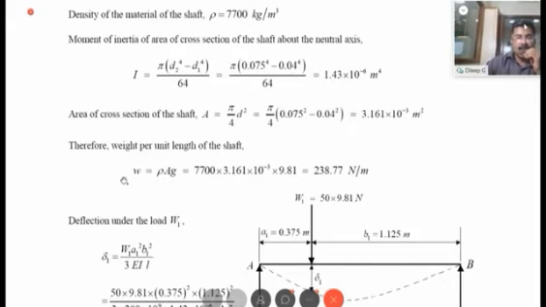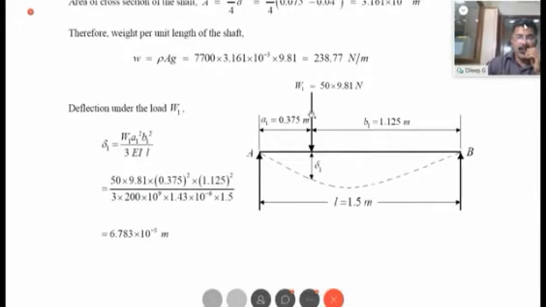Now, w you have found out. Now you have to find delta 1, delta 2 as well as delta S. So I and w we have already found out. Now W1, the first disc we have taken, whose mass is 50 kilogram or weight is 50 into 9.81 Newton, that is 490 point something. I am taking this weight as W1.